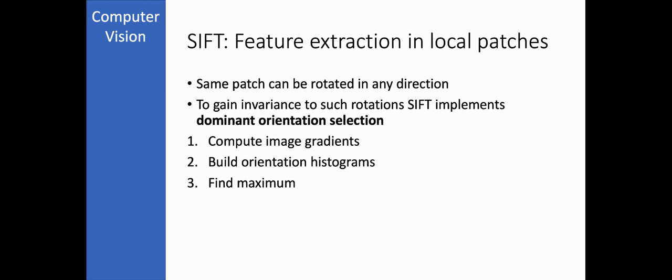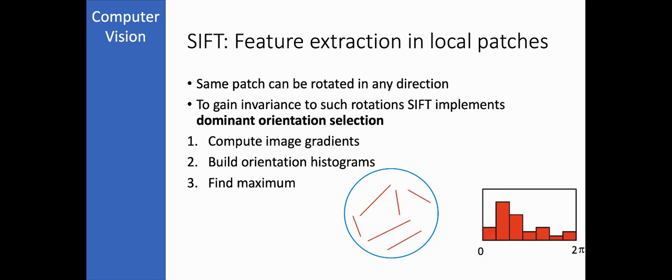To gain invariance to such rotations, SIFT implements what's called dominant orientation selection to reorient patches, so that every time I extract the same patch, despite the rotation of the image, I can reorient it to the same canonical orientation. So given a patch, I compute the image gradients, and I build an orientation histogram for the gradients. I find the maximum.